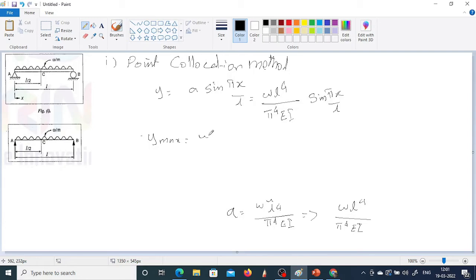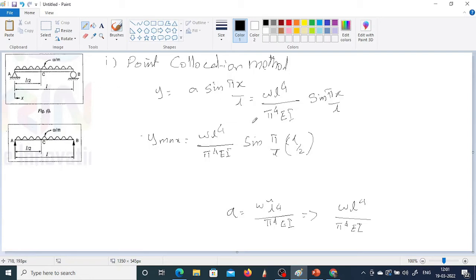Here what happens, W L power 4 divided by pi power 4 EI into sine pi into L by 2, x equal to L by 2, because the maximum deflection occurs at the location of L by 2.